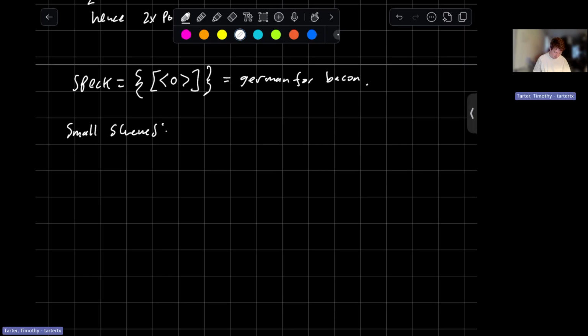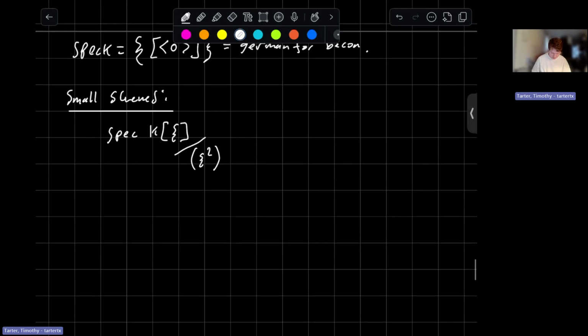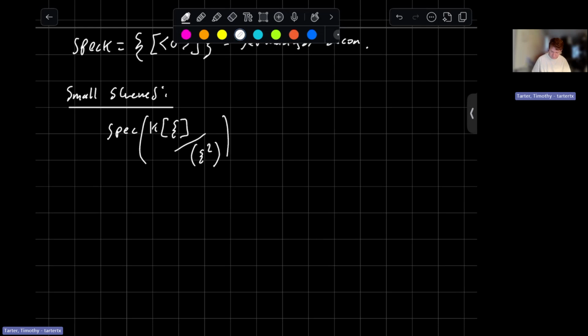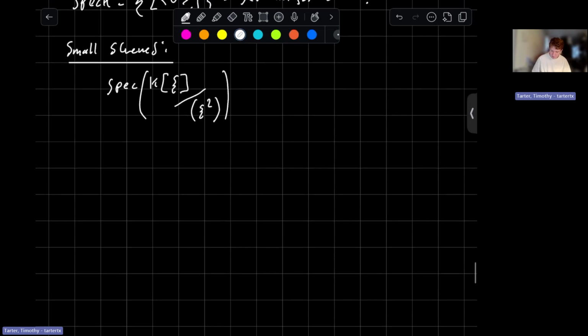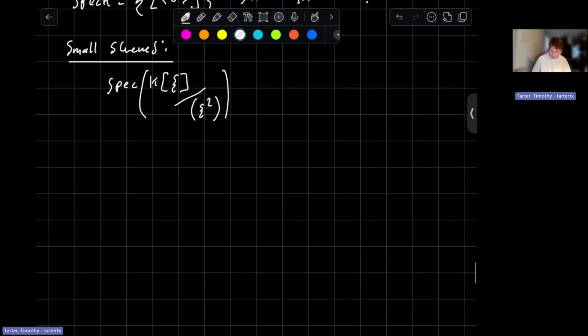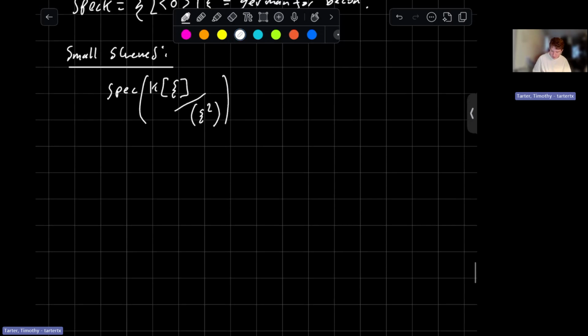Small schemes. So consider Spec of K[epsilon] mod epsilon squared. This is the ring of dual numbers. It turns out to be quite useful.